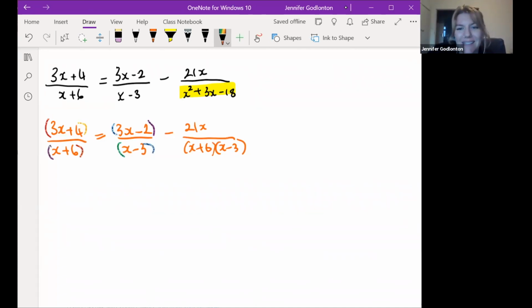And when we get to this point here, what is my lowest common denominator? So this is just to help if you're struggling a little bit. What would be my LCD of this question?